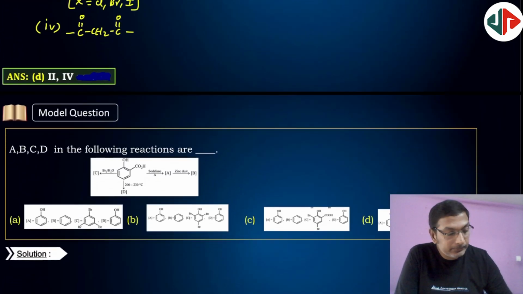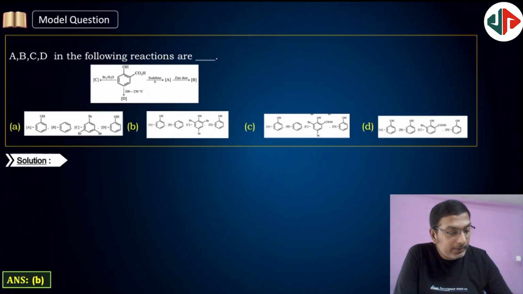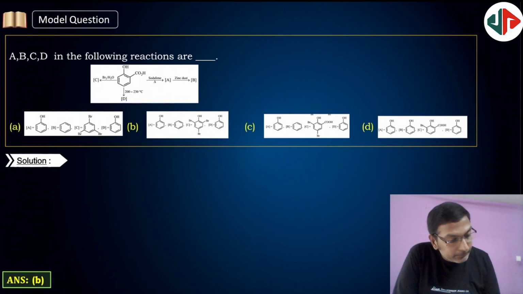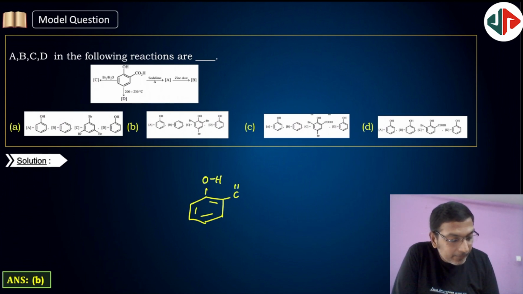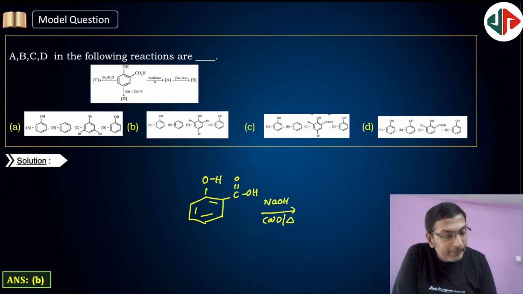Next. A, B, C, D in the following reaction are. Check the first one. The given compound is salicylic acid. Salicylic acid, first soda lime, that means NaOH and CaO followed by delta heating.